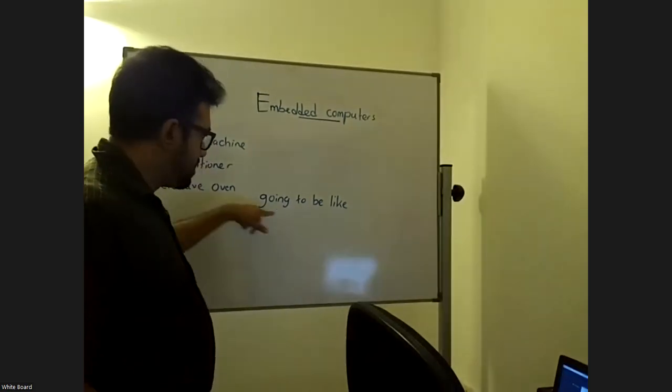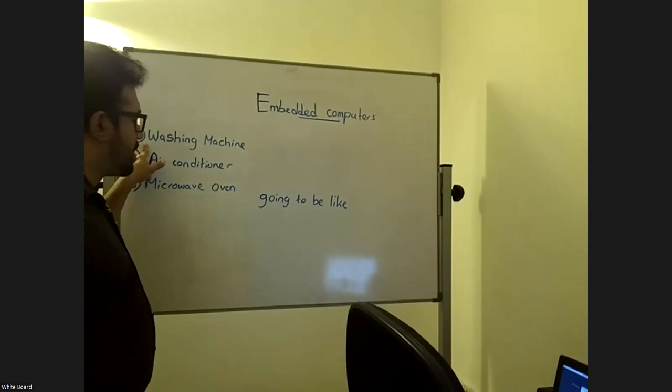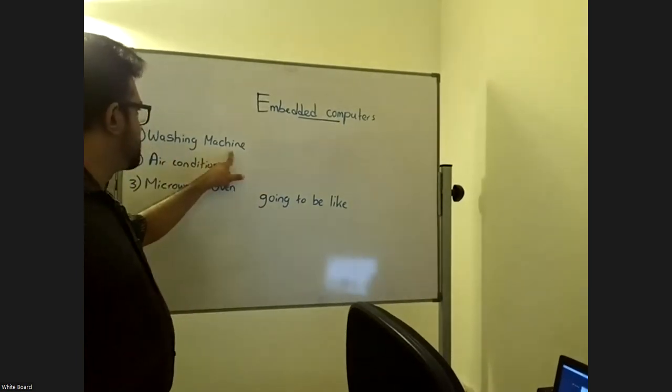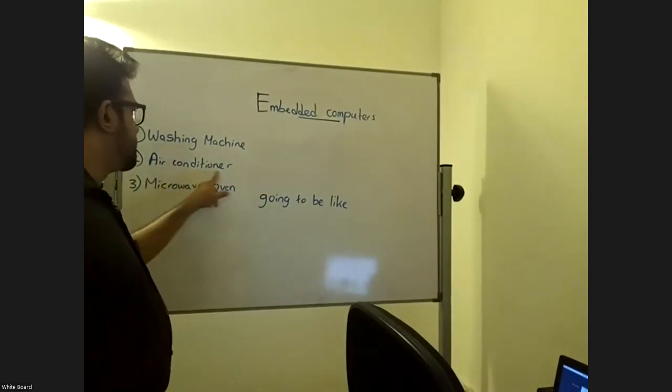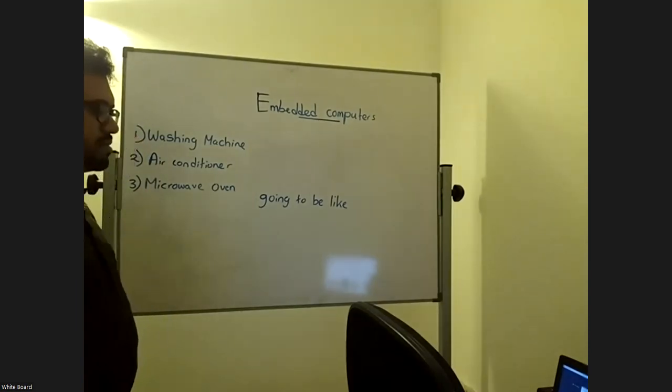After that, write down in the next line: put number 1 washing machine, number 2 air conditioner, number 3 microwave oven.